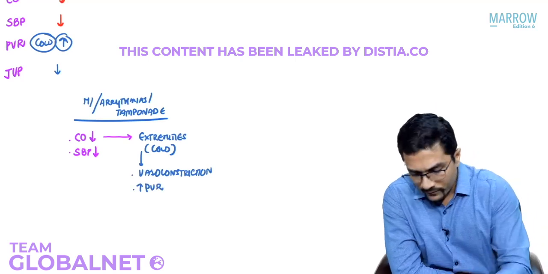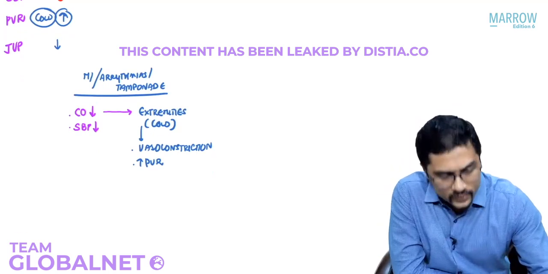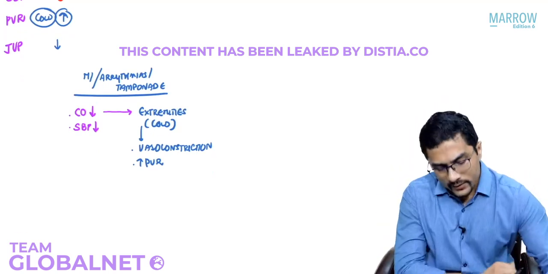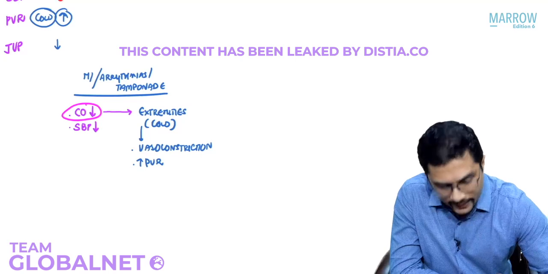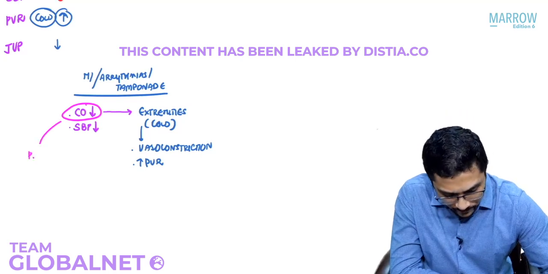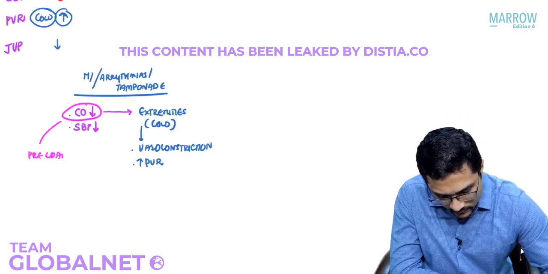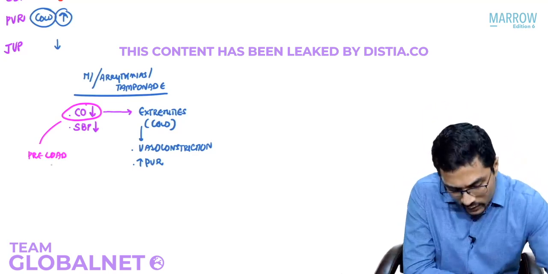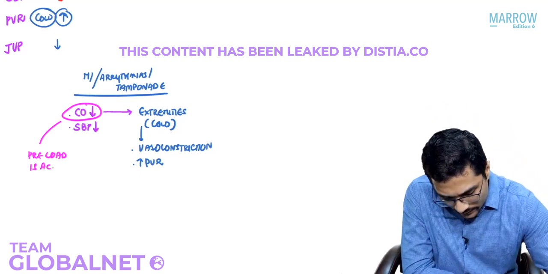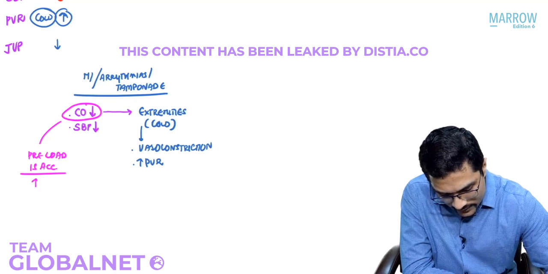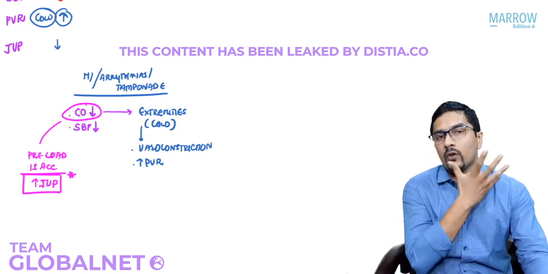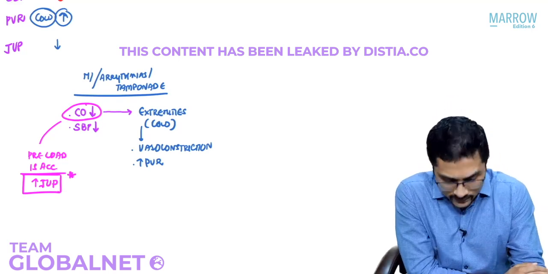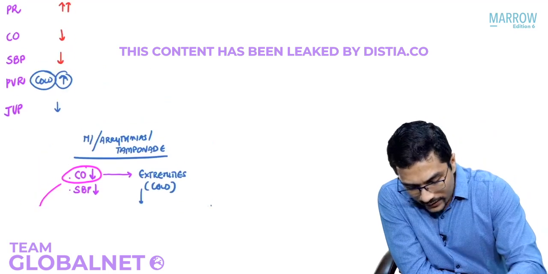And also you need to remember that because the heart is not working, the cardiac output is low, the preload is the blood which the heart has to pump out, right? So the preload is accumulating, and this leads to an increase in JVP, and you have engorged and dilated neck veins. Okay. So this is regarding cardiogenic shock.